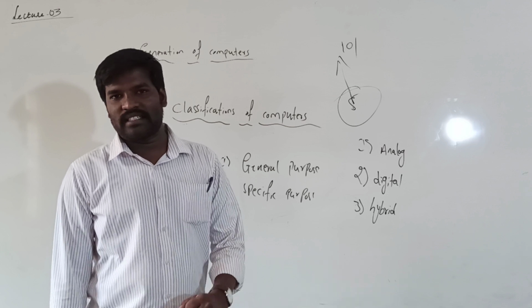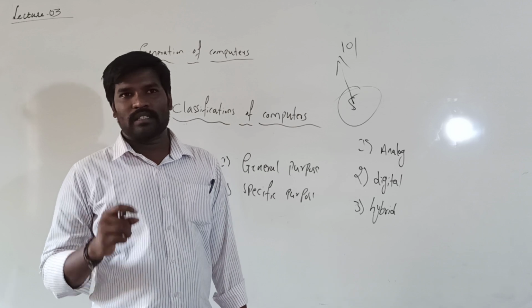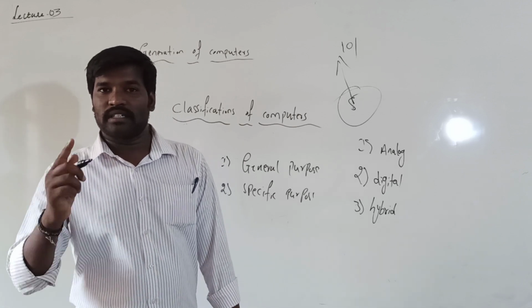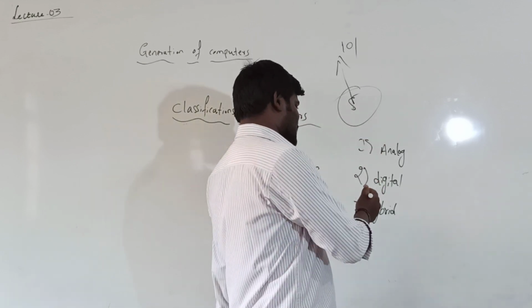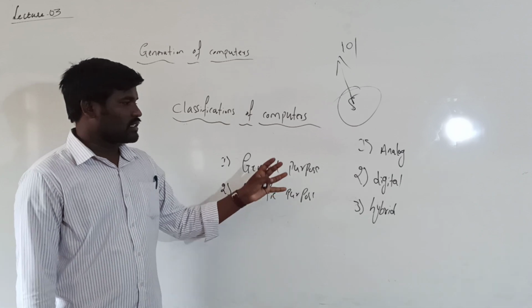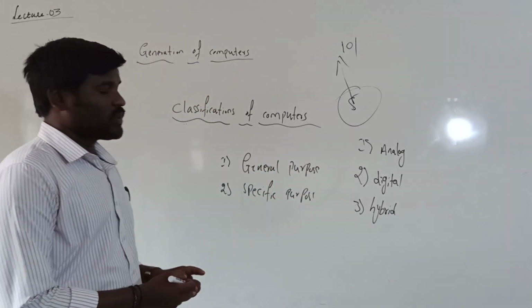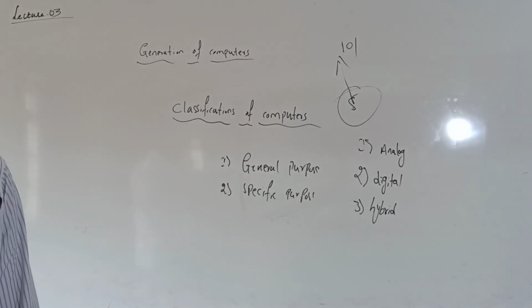Manually they have to test the patient, but whatever the heartbeat result is, it comes digitally. Those devices come under the hybrid computers. Okay, there are three types of computers based on the operation. First one is analog, second one is digital, last one is hybrid computers.